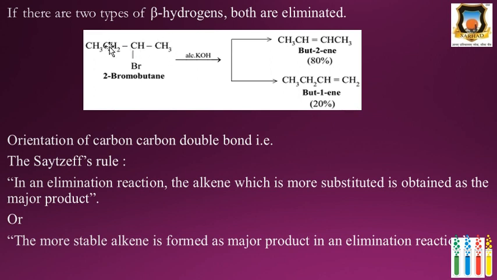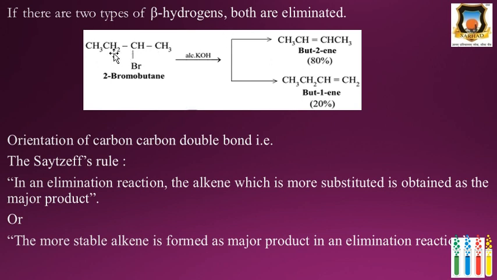Suppose we call this beta carbon, then it is beta dash carbon. The carbon which bears the bromine is alpha carbon, and when it is treated with alcoholic KOH, elimination takes place. We get two products, that is 2-butene and 1-butene.